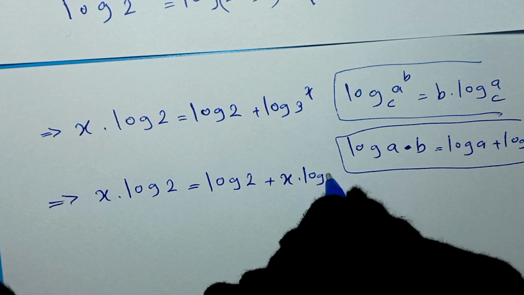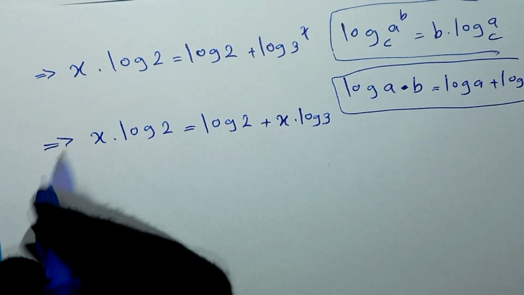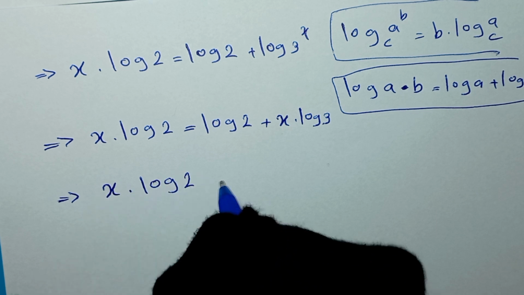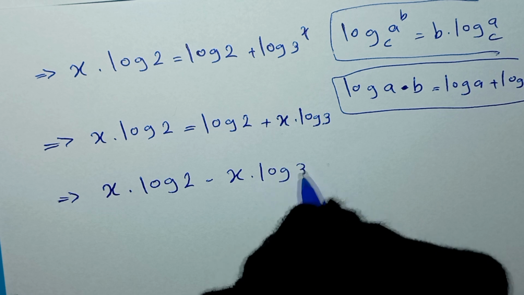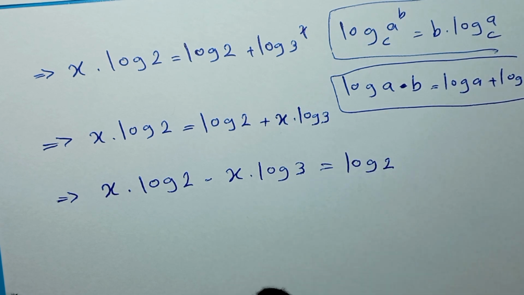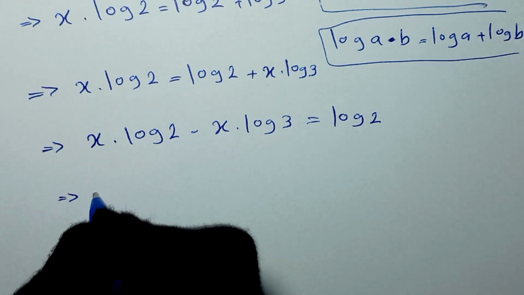times log of 3. In the next step, we take this to this side, so it will be x times log of 2 minus this x times log of 3 is equal to log of 2. And from here, x is common, so we factor x.